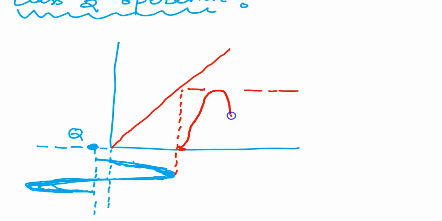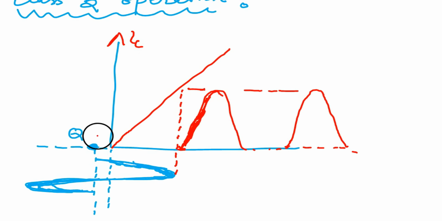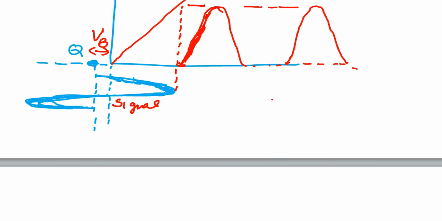Only the positive half, in some part, is clipped, but most of the part appears. Most of the positive part is converted into the collector current, and similarly when the next cycle comes, the positive part of that cycle is also converted to the collector current. So only the positive cycle is converted into the collector current. This is very important for the class B operation.